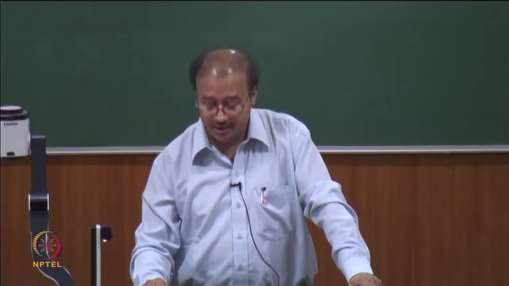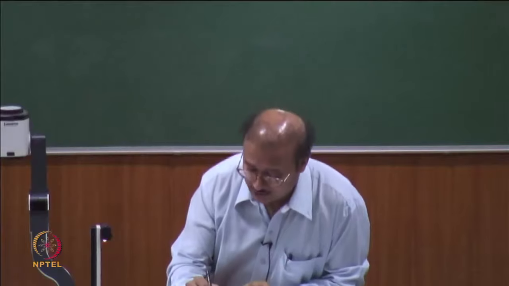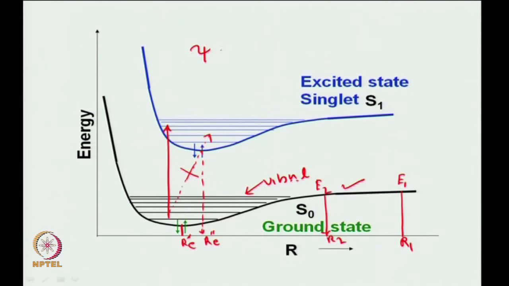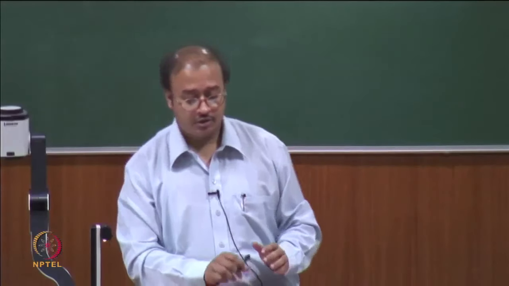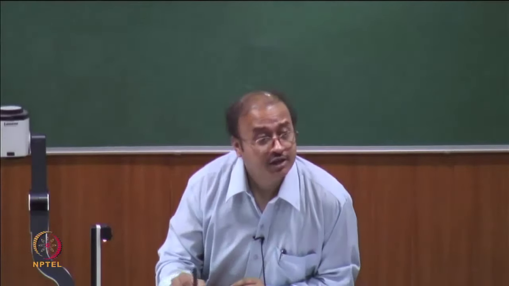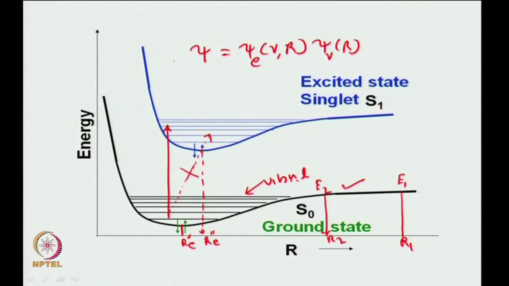That is why you will see, if you are looking at psi total, it is given as psi electronic of r comma R, then psi nuclear, or I can write vibrational of R. So, this is your psi. I will come to this in the next class, but just realize the importance of this. This psi electronic, how many coordinates does it depend upon?